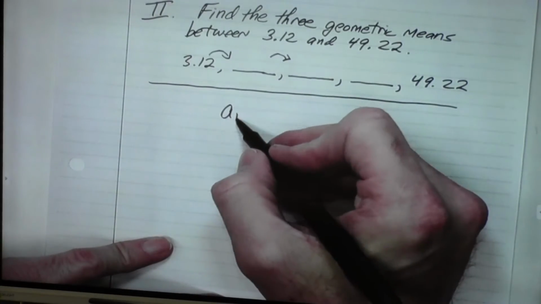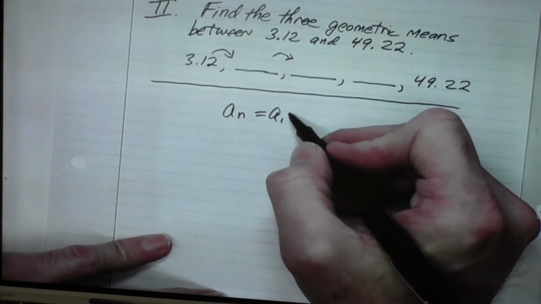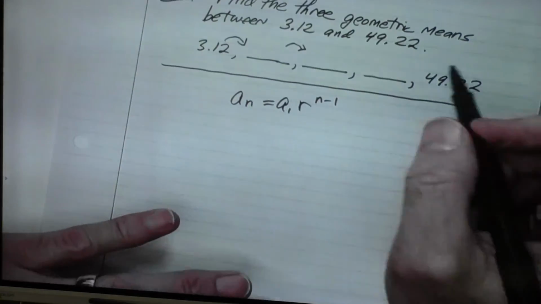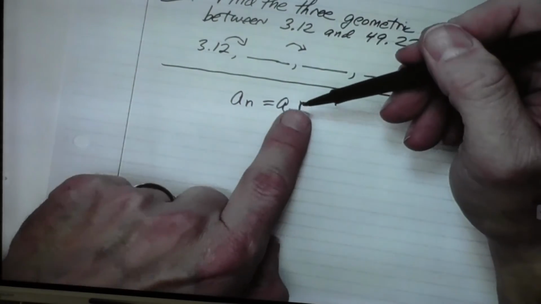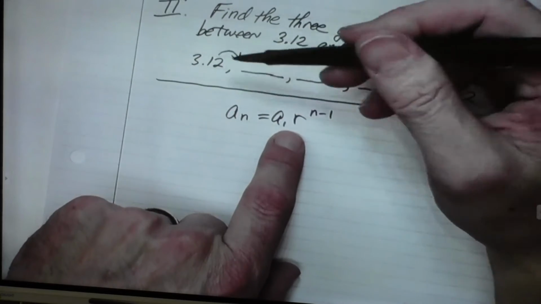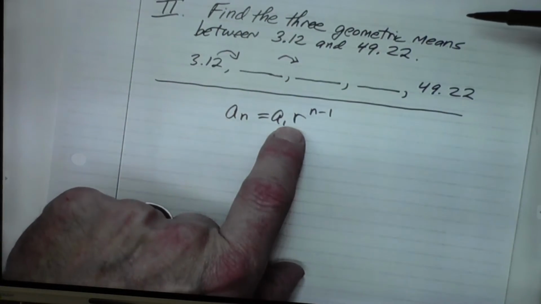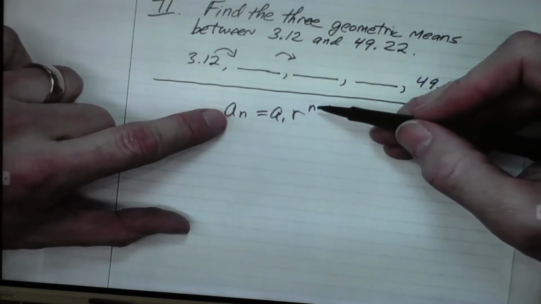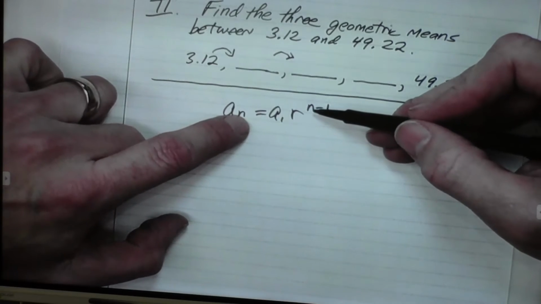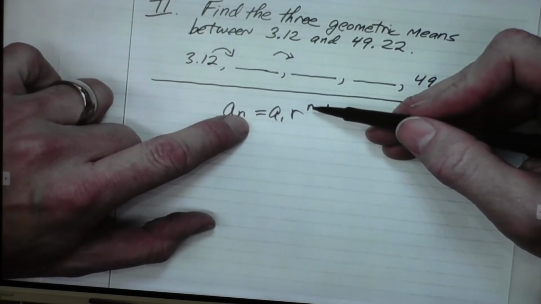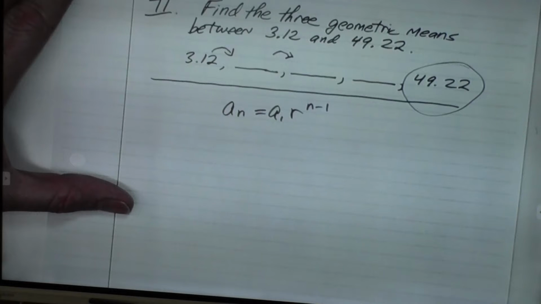This formula, an equals a1 r to the n minus 1, well, we don't know the ratio, but we do know the first number, because that one's given. We also have enough information to fill in the amount at n and n if we pick well, because we're given the 5th term.